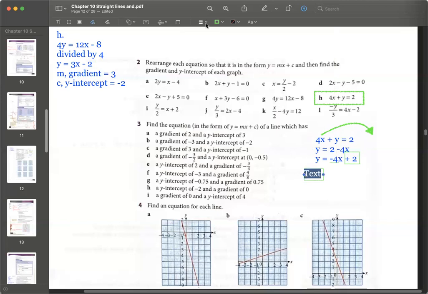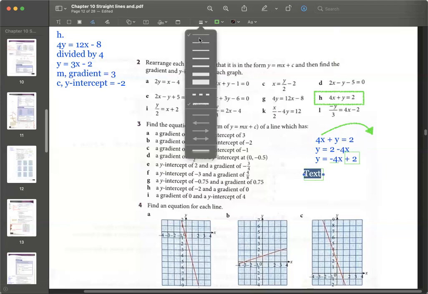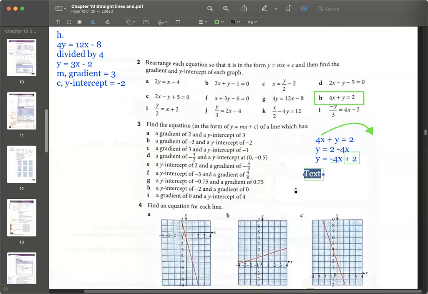That's why we need to arrange it like that. Then it'll be simple. So you can just write m, the gradient, equals -4, and c, the y-intercept, equals 2.